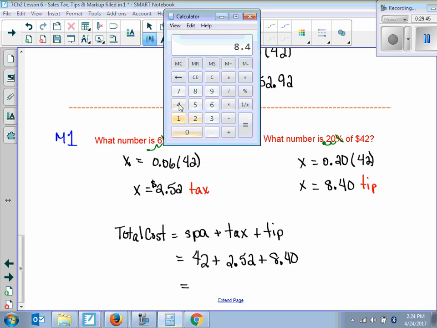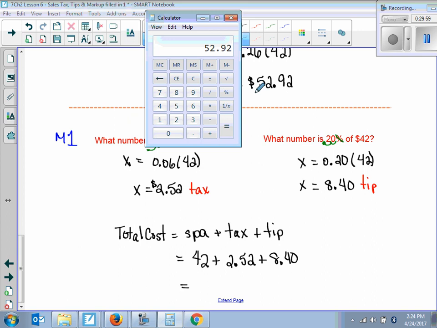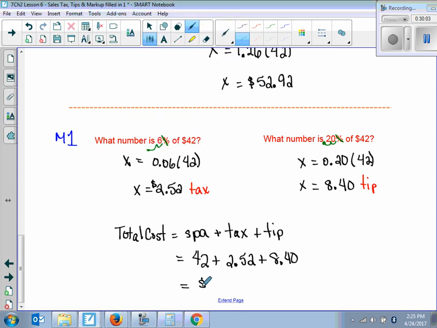So when we add all those together, we have 42 plus $2.52 plus $8.40, and that gives us the same amount, $52.92. So we end up with $52.92 for the total cost of the spa treatment.